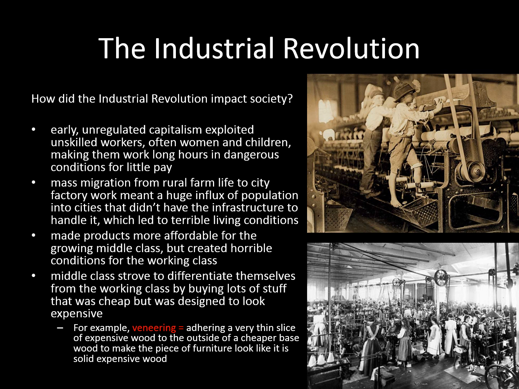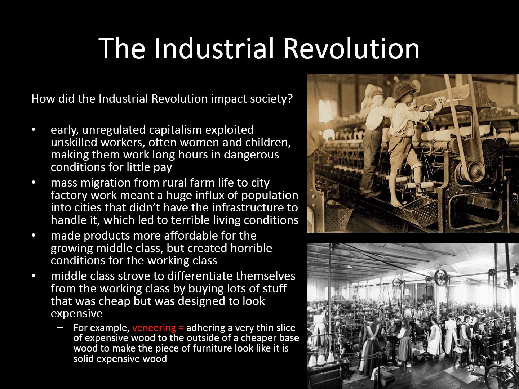So a good example of this is what we call veneering in terms of furniture. It basically means that, let's say you create a table, right? And you make the table out of really inexpensive wood. But you take a very thin layer of very expensive wood and you adhere that to the outside of the cheaper base wood.